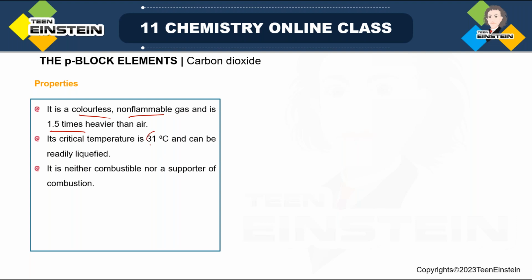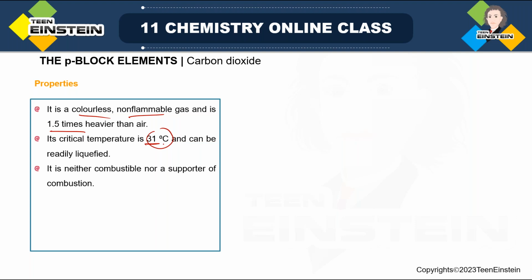Critical temperature is 31 degrees centigrade. Critical temperature is that temperature beyond which we cannot liquefy a gas. For every gas there is a critical temperature. Now for CO2, as the value is 31 degrees centigrade, that means if you consider room temperature, 20 or 25 degrees, you can easily liquefy it.